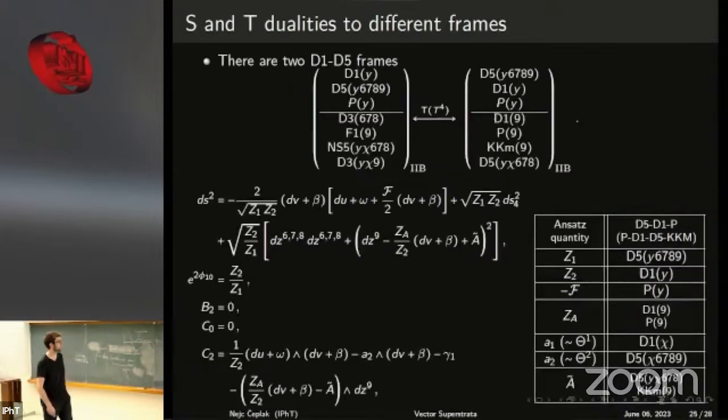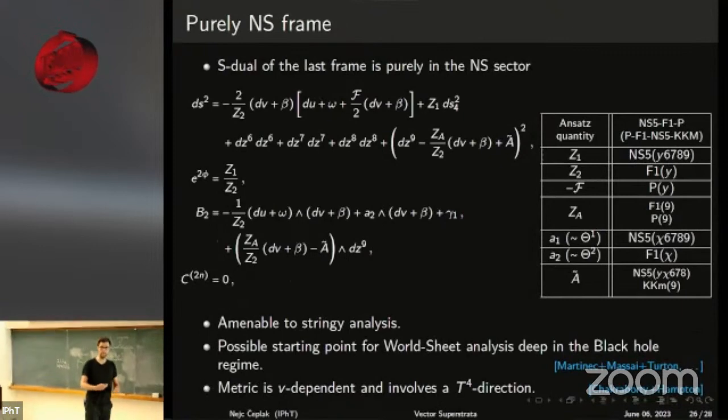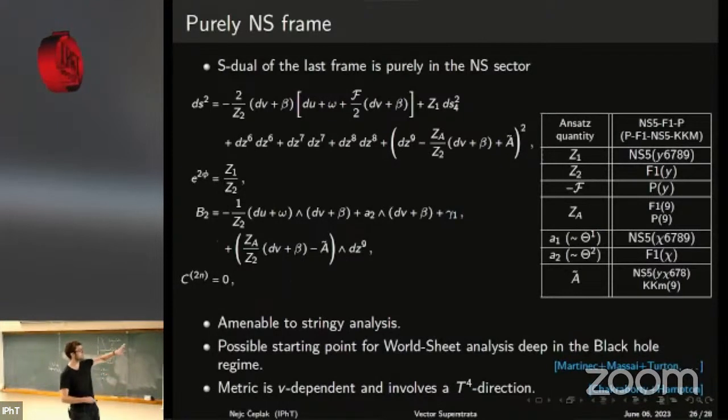The last thing that I'm going to say before I conclude is that you can do a series of S and T dualities in which you can show that these solutions can be recast in a purely NS frame.